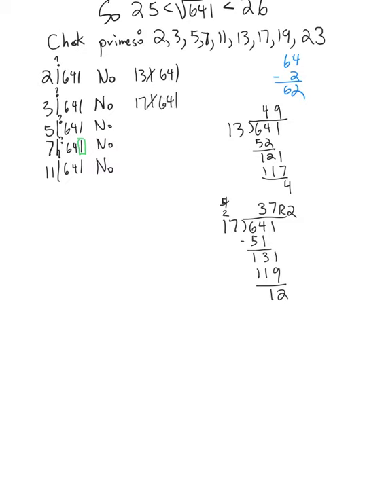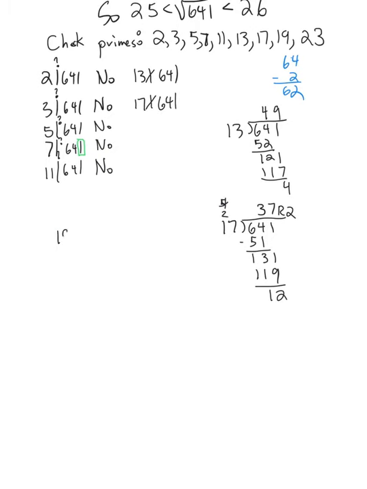We have 19 and 23 left to check. So we'll just do 19 over here. Well, 20 goes into 64 3 times, so 19 probably goes 3 times as well. That is 57. Subtract, we get 7. 71. Let's try 3 times again. Subtract 57, we get 14. So 19 isn't a factor of 641. And finally, we have 23. I'll just check that.